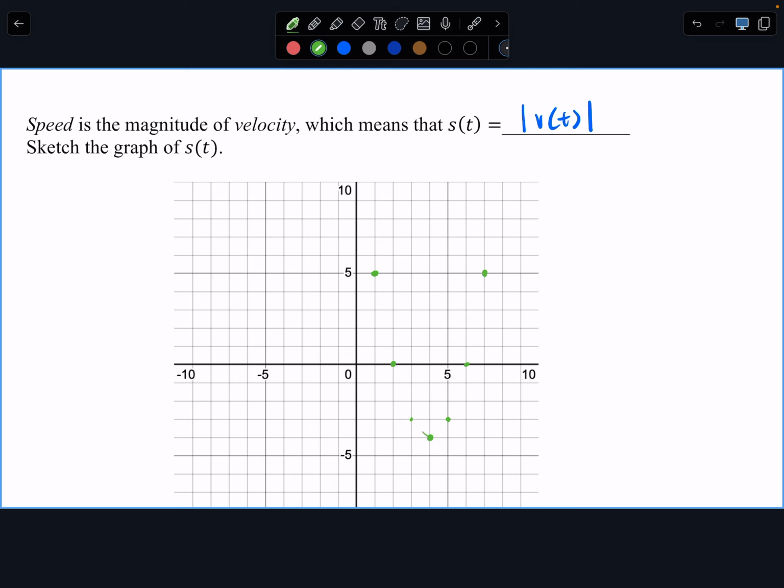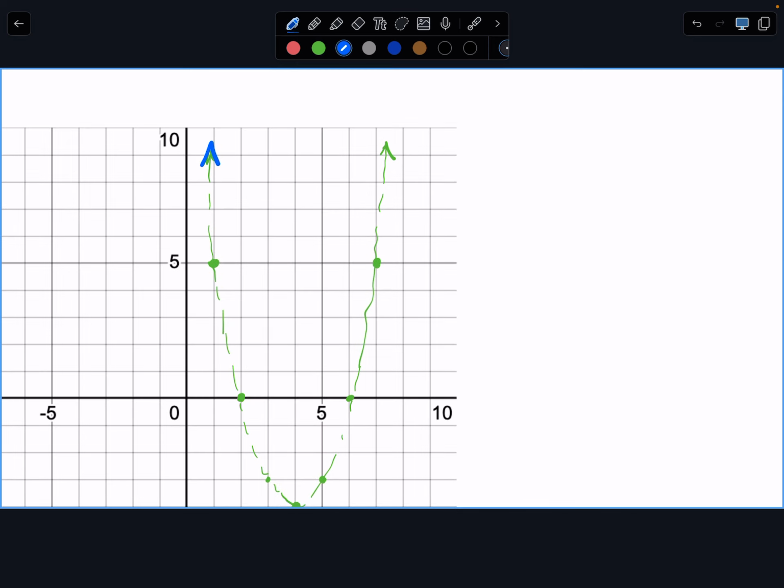Okay, so this would be the graph of v of t. So when we think about taking the absolute value of v of t, the positive values stay where they are.